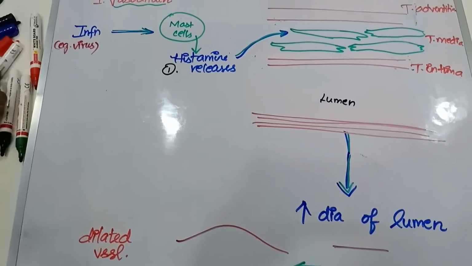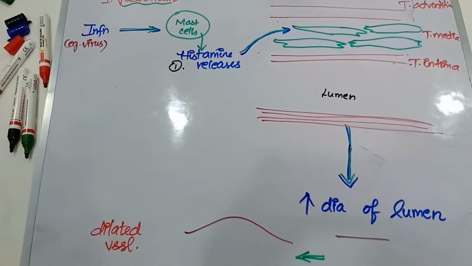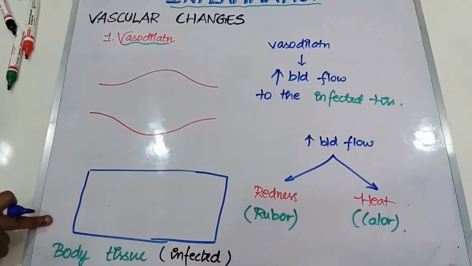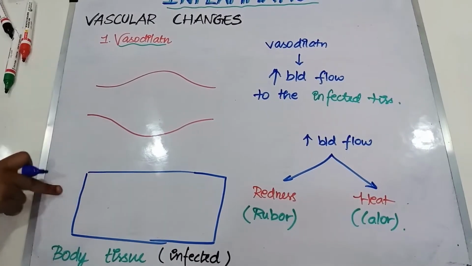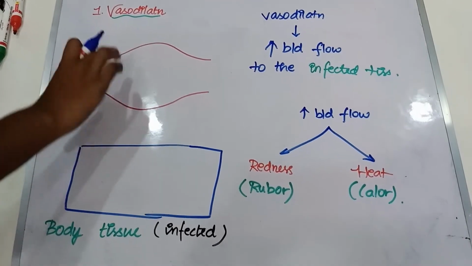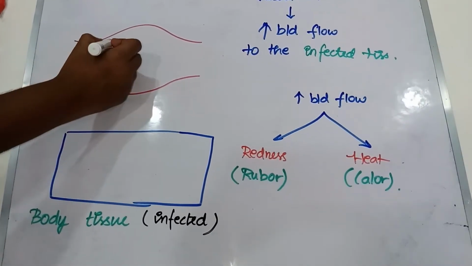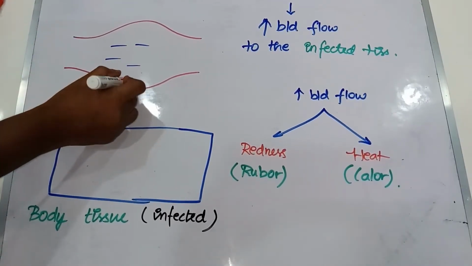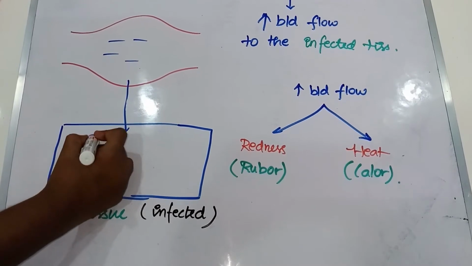So what are the results of vasodilation? We'll see. The blood vessels at the site of infected body tissue get dilated, such that the increased diameter of the blood vessel causes an increased amount of blood in that region. So increased amount of blood causes increased blood flow to this region.